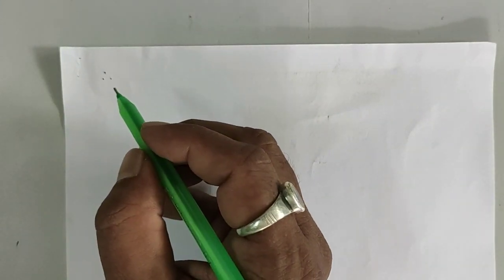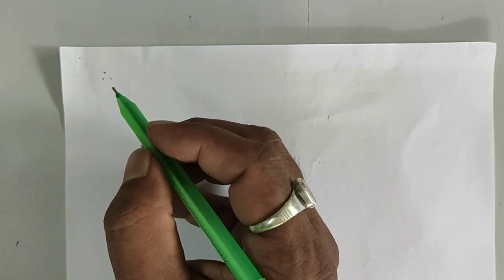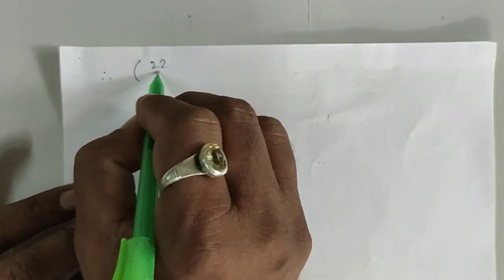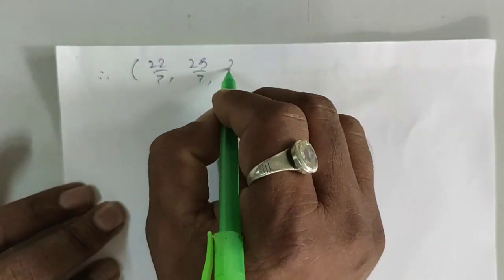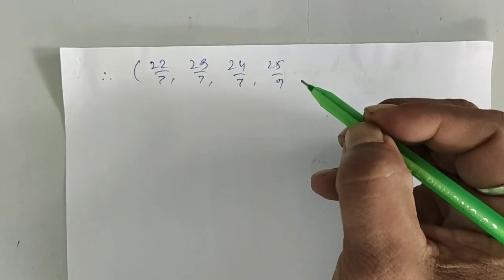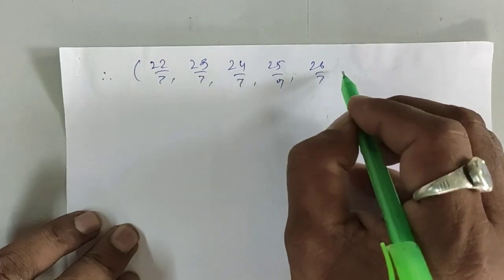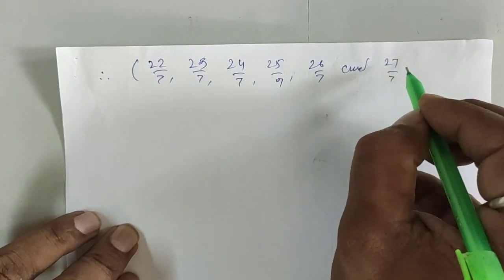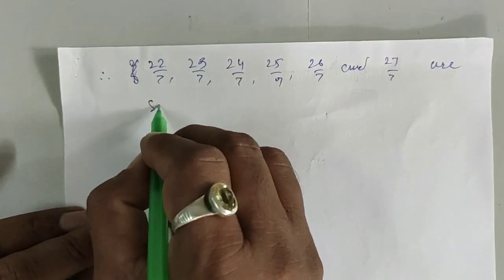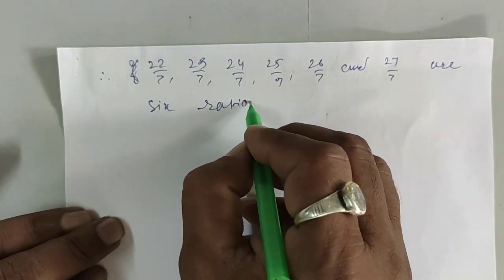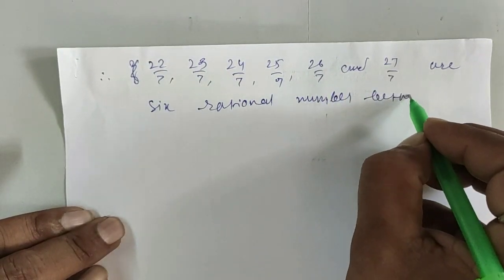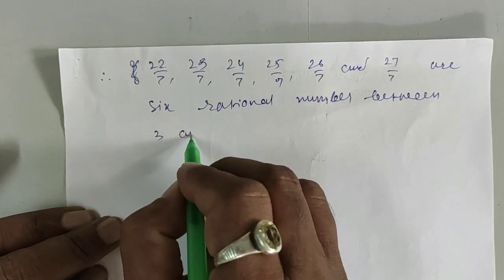Therefore 22 upon 7, 23 upon 7, 24 upon 7, 25 upon 7, 26 upon 7 and 27 upon 7 are 6 rational numbers between 3 and 4.